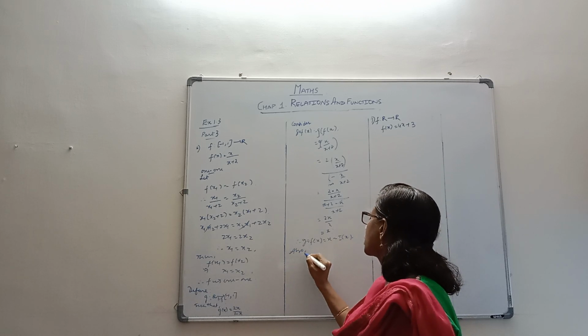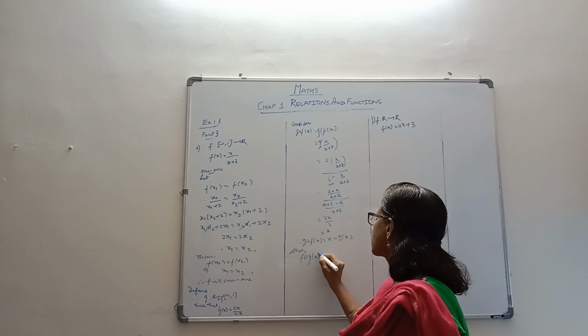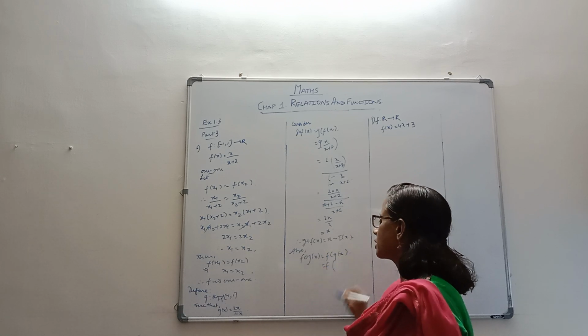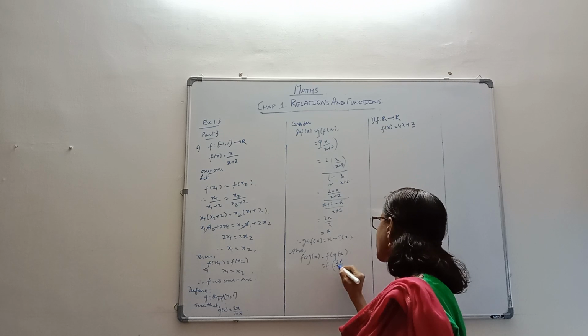Also, f o g at x is f at g at x. That is f at 2x by 1 minus x.